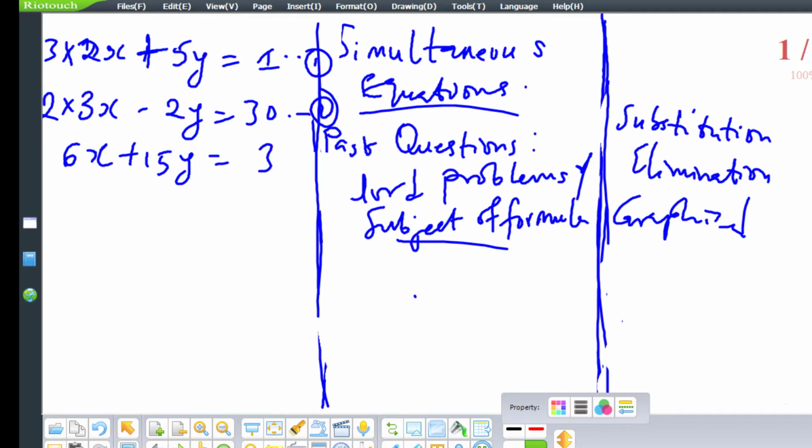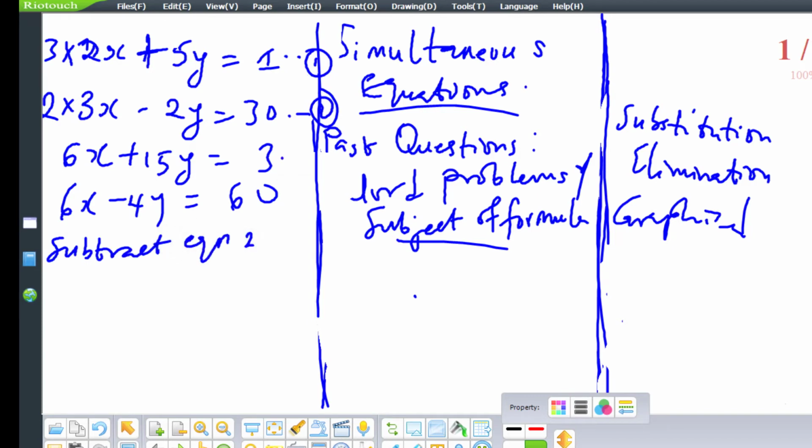And then we have 2 times 3x, that's going to be 6x minus 4y is equal to 2 times 30, that's going to be 60. Now, call this equation 3, and call this equation 4.